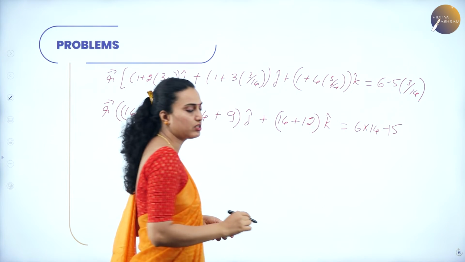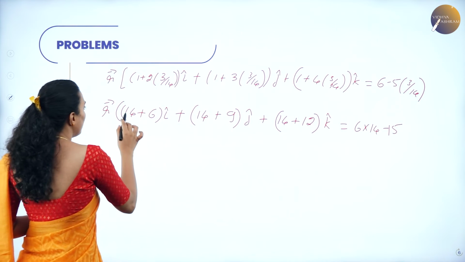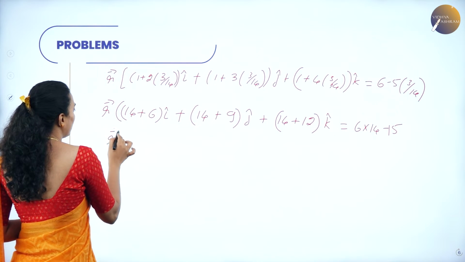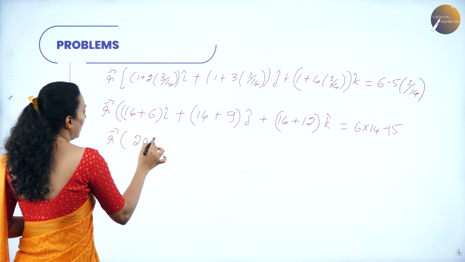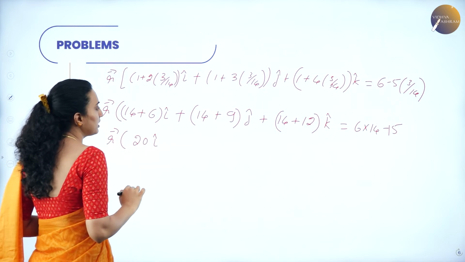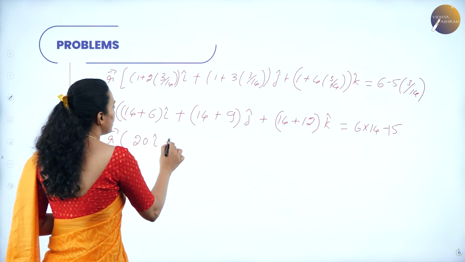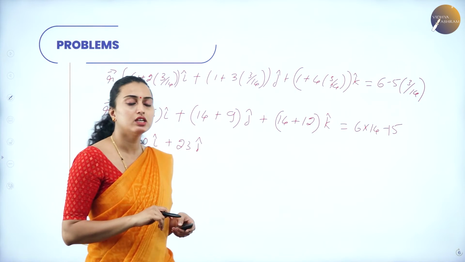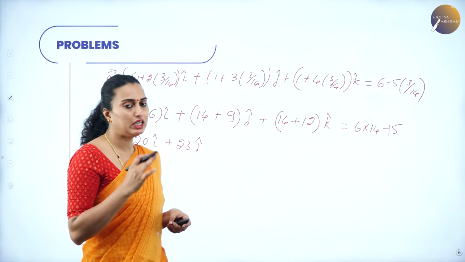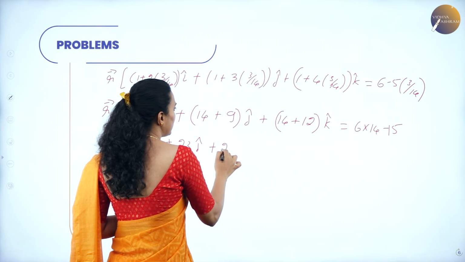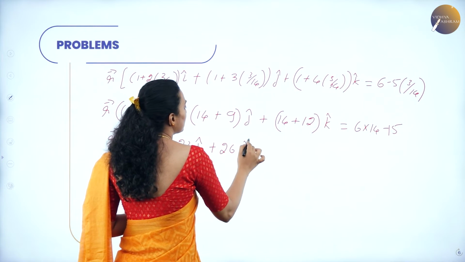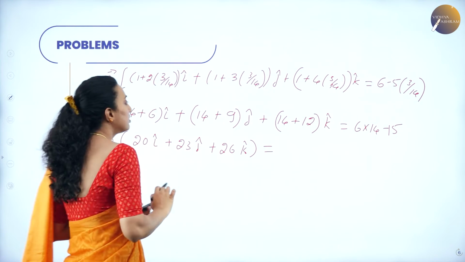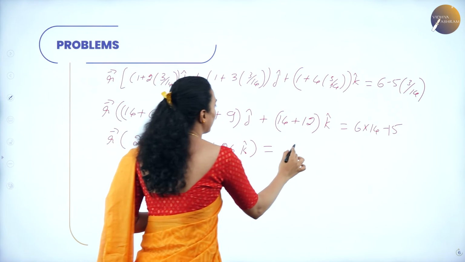So 14 plus 6 is 20. So R vector into 20i. Again 14 plus 9 is nothing but 23j. Again 14 plus 12 is nothing but 26k, right? Which will be equal to 6 4s are 24, correct?